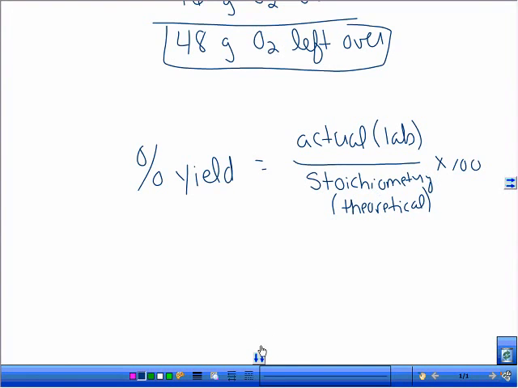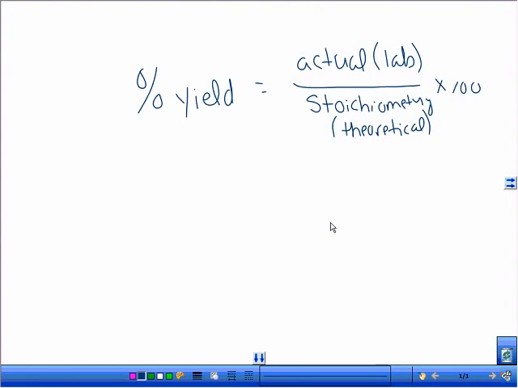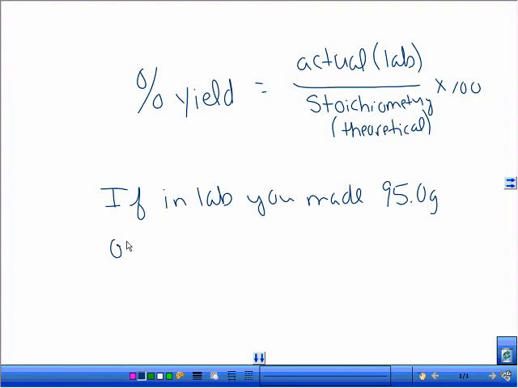And the example, I couldn't remember the exact example that Ms. Bowles had given you guys, so I would just say, well, if in lab you made, this would have to be given to you, or you would actually do a lab and measure, if you made 95 grams of sulfuric acid.